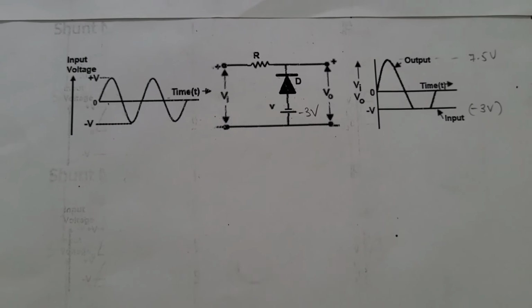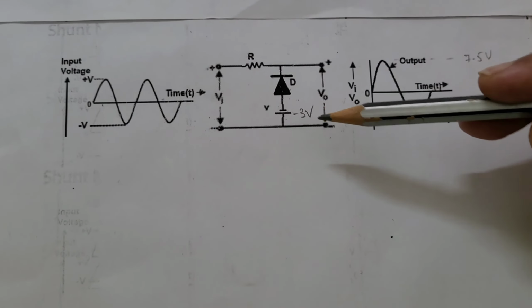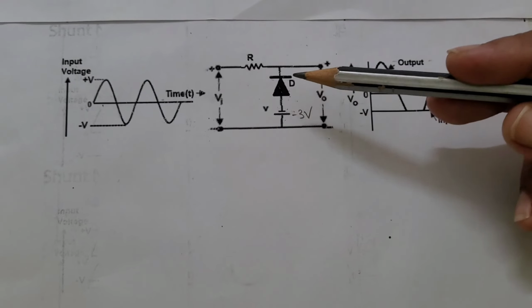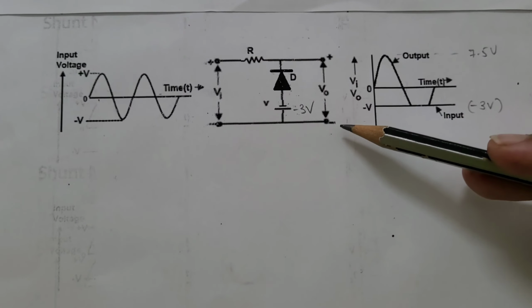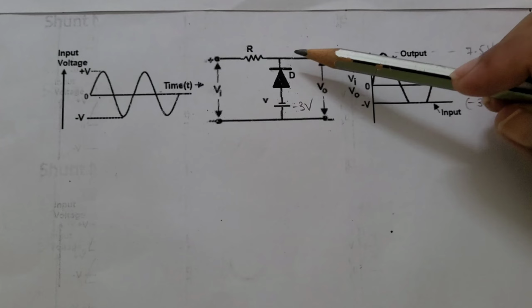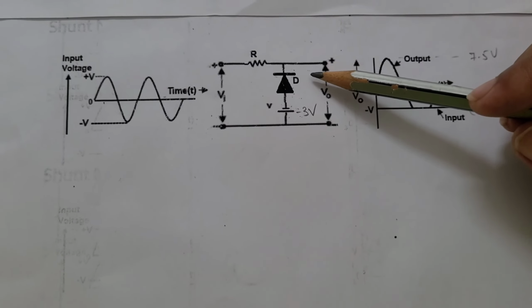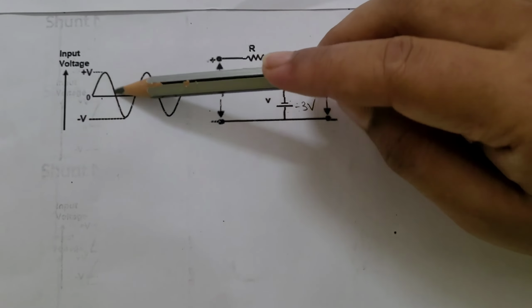The shunt negative clipper with negative bias: the negative terminal of the bias voltage is connected to the anode of the diode, and the positive of the DC bias voltage is connected to all common ground. During the positive half cycle of the AC input, the diode is reverse biased, so it is an open circuit, hence the output will have the whole input waveform.